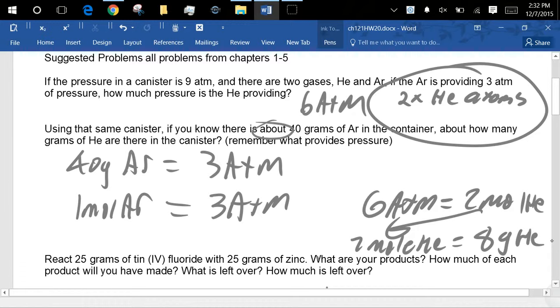But not because it's 9 minus 3 is 6. No, the total pressure in the canister is 9. Oh, this one up here? Yeah. This one up here is 6 because 9 minus 3 is 6, but not the next one. Are we satisfied with that one? Talk about that one anymore? No?